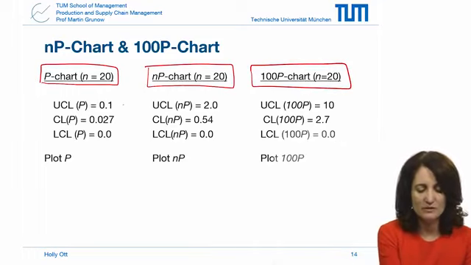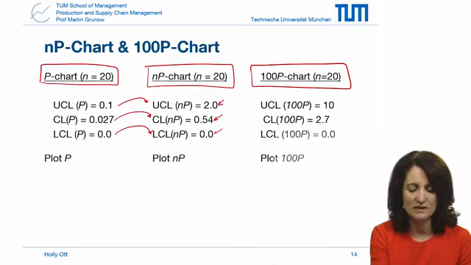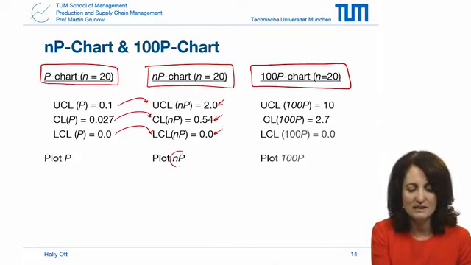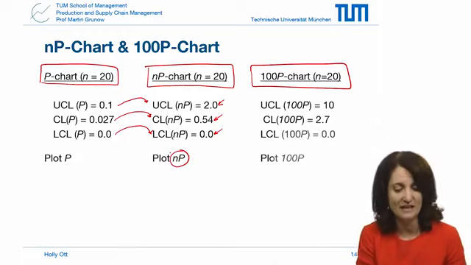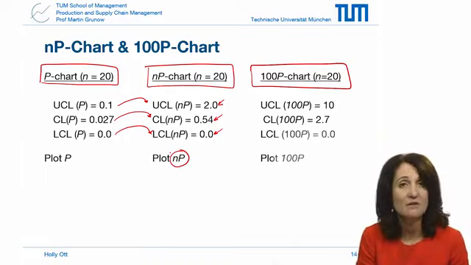First, we translate the control limits. For the NP chart, we multiply through by n. So 0.1 times 20 gives us 2, 0.54 for the center line, and still 0 for the lower control limit. But this time we would plot n times p, where n is equal to 20, and we would have the NP chart.